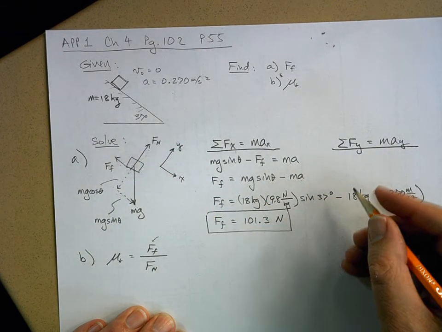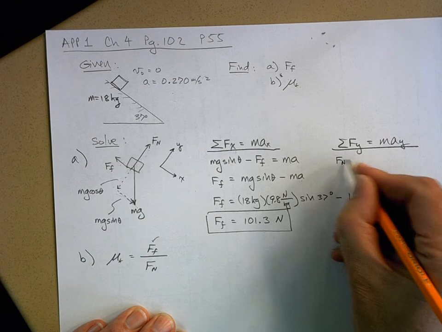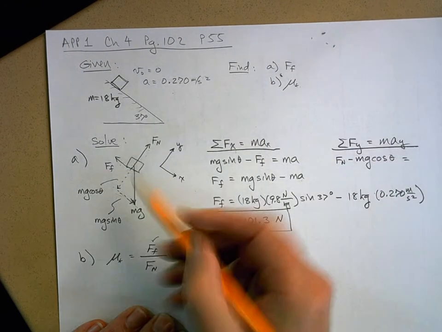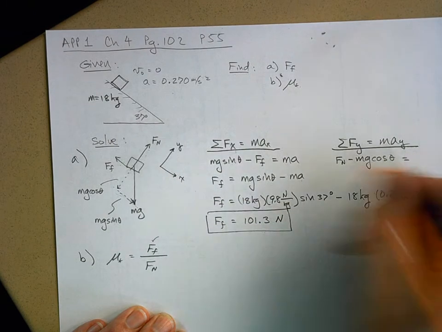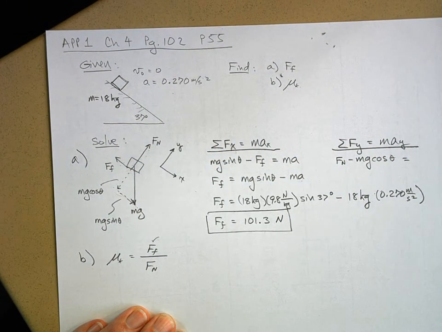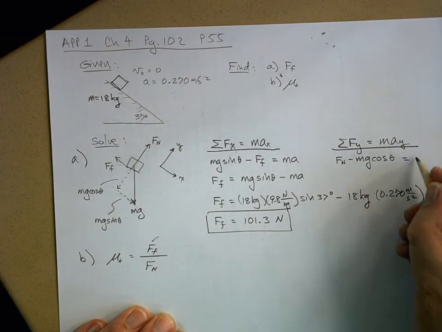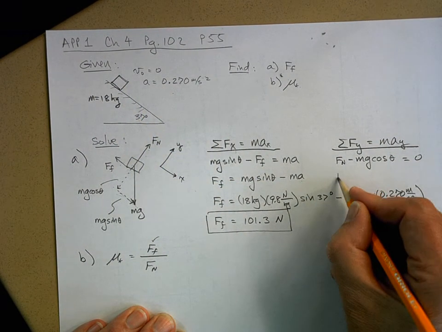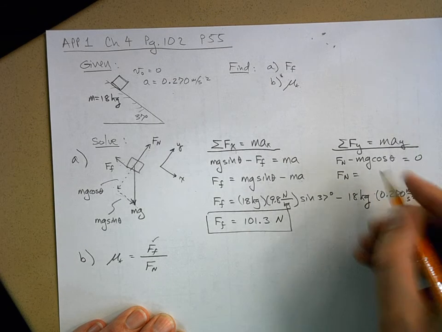And I've got the normal force minus mg cosine theta. There are no other forces in the y direction, and there is no acceleration in a direction perpendicular to the incline. So it's equal to 0. So the normal force is equal to mg cosine theta.